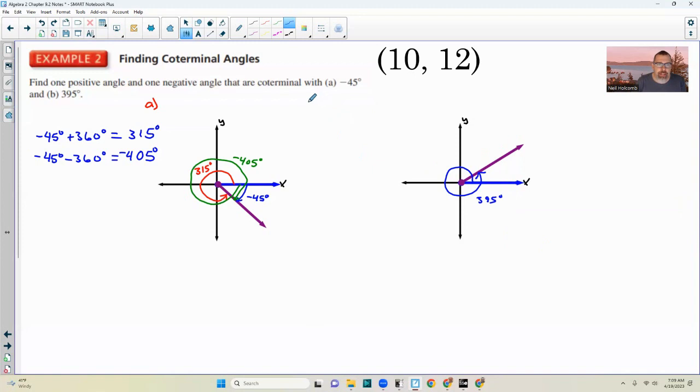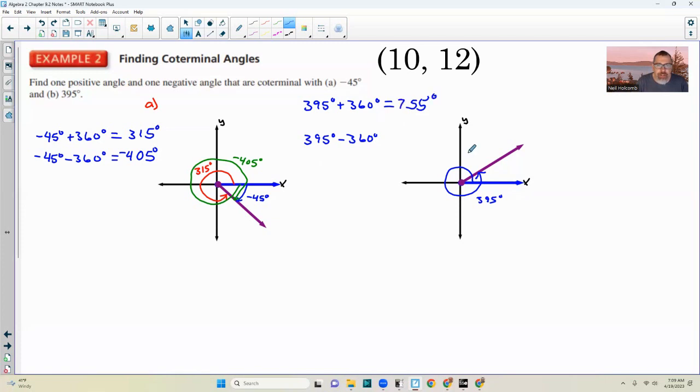So then I take the degree measure that I have, 395 degrees, and I'm going to add 360 degrees. And I'm going to take 395 degrees and I'm going to subtract 360 degrees. That's all you have to do to go one rotation beyond. You could do multiples as well, 7, 20, and so on. Okay, so when I add these, 5 plus 0 is 5. 9 plus 6 is 15, carry the 1. 3 plus 3 is 6, plus 1 is 7.